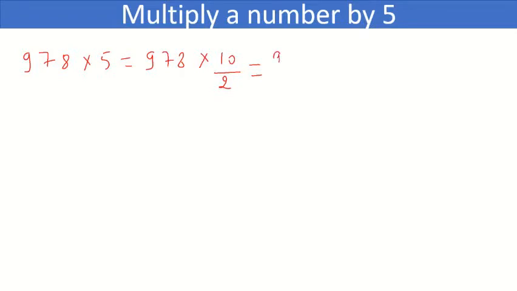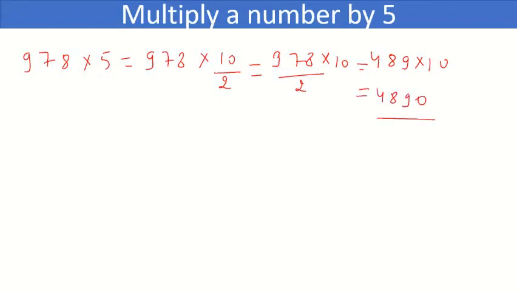So when 978 gets divided by 2, it will result in 489 into 10. Here we have the final answer, 4890.